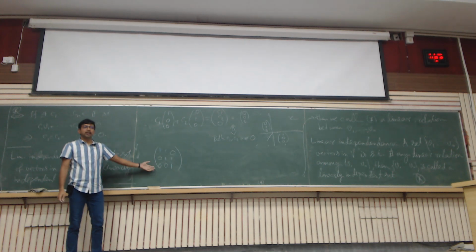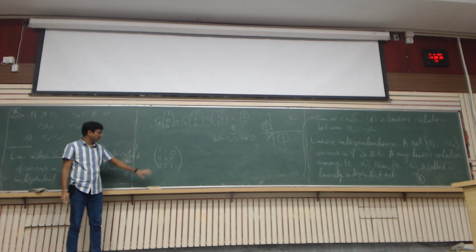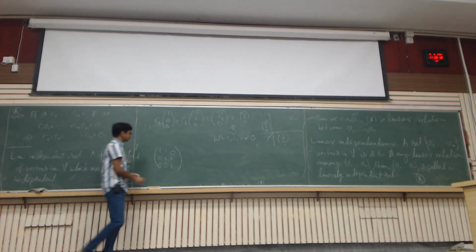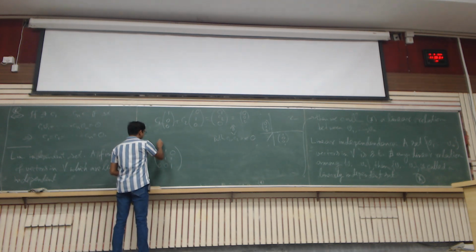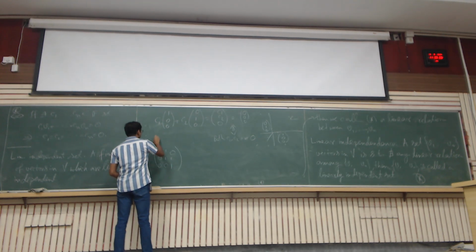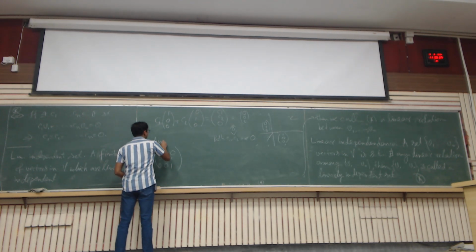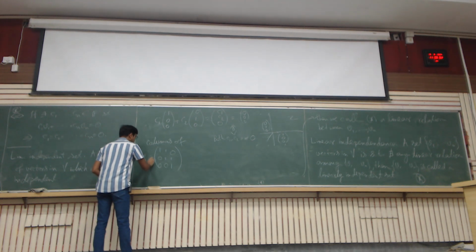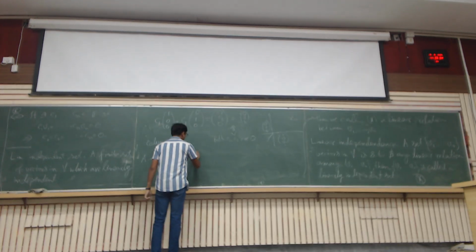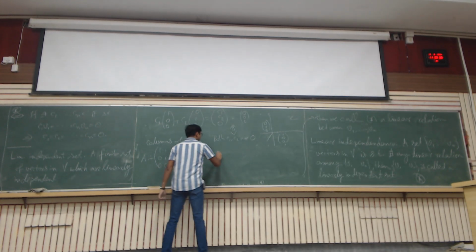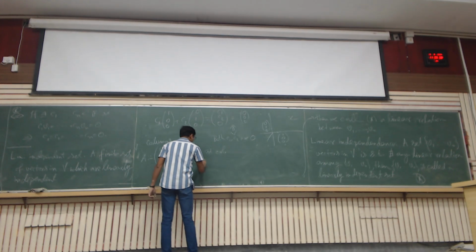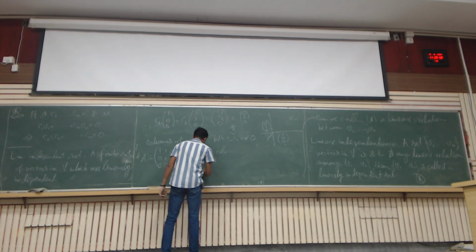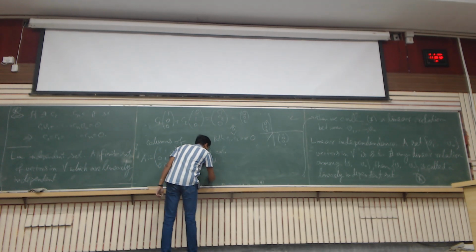Now suppose you take a linear combination of these columns. Take the columns of this matrix A. V1 is the first column, V2 is the second column, and V3 is the third column.